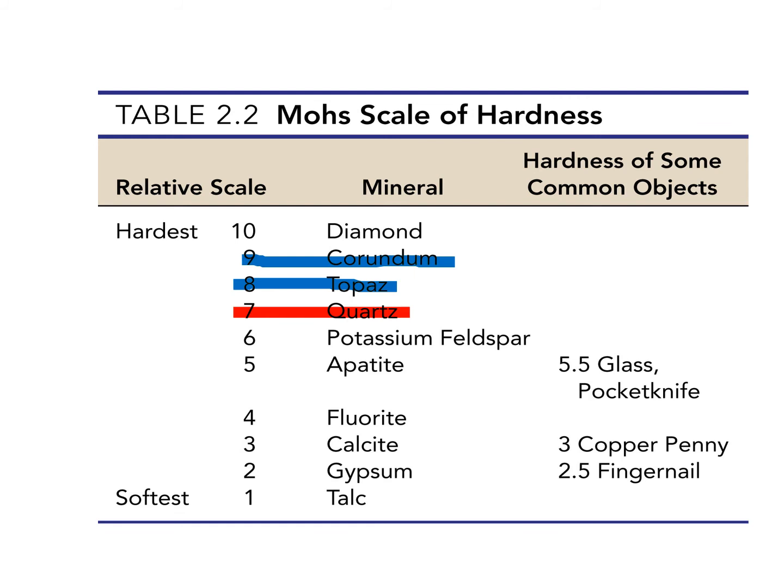Around the same hardness, so kind of in between the hardness of topaz and corundum, we have a mineral known as beryl, that's spelled B-E-R-Y-L, that, again, you've probably never heard of that mineral, except when it's a really pretty green color, and then we call it an emerald. So you can see that harder than quartz, we have topaz, emeralds, rubies, sapphires, and then of course getting up to 10 we have diamonds.